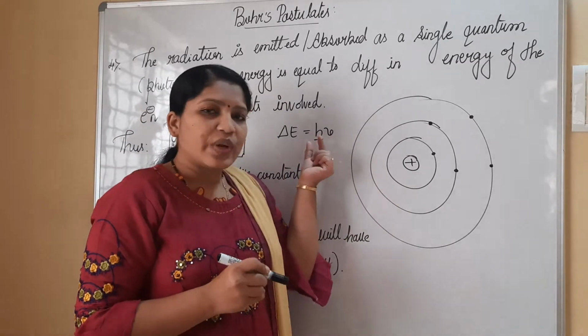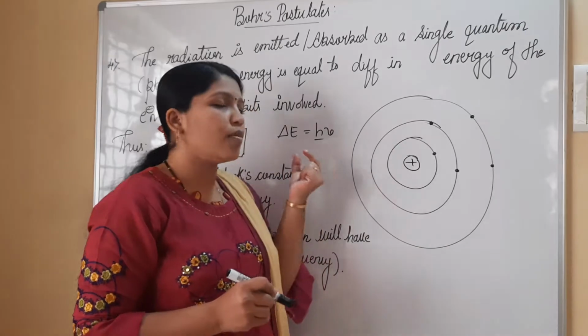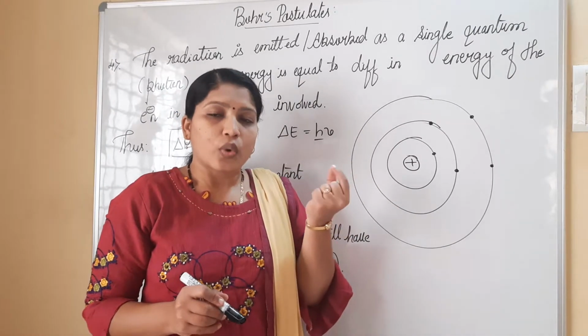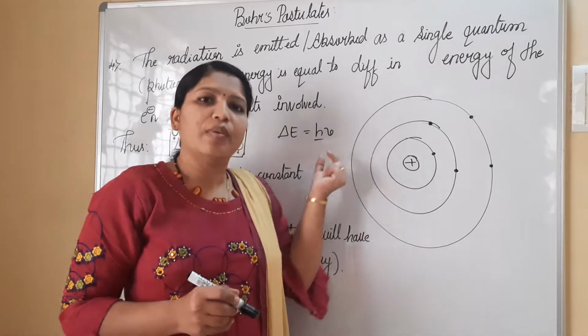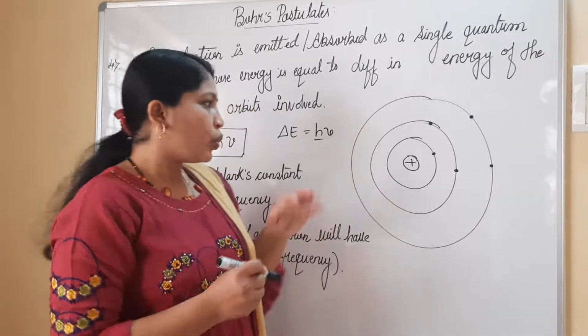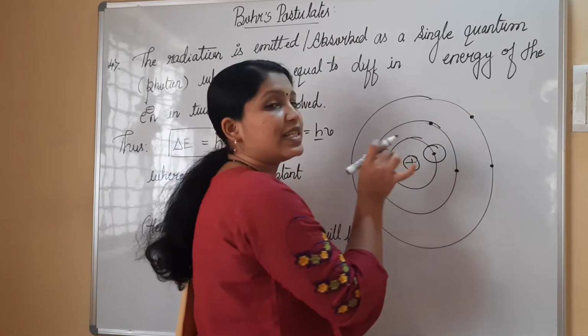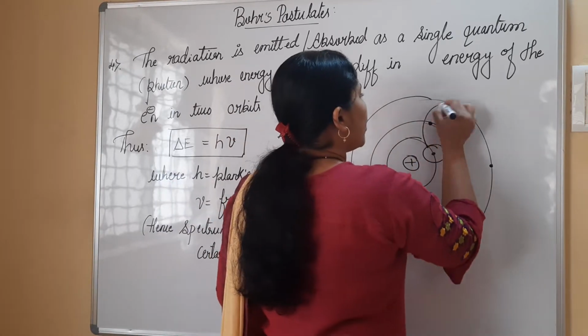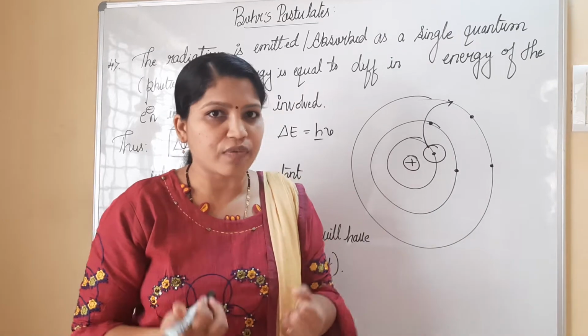So this h nu is the minimum amount of energy, the minimum amount of photon. It is also called the quantum of energy, which is given to the electron to move to the higher energy state. Once the electron absorbs this energy h nu, it moves to a higher energy level. It gains a certain amount of energy.